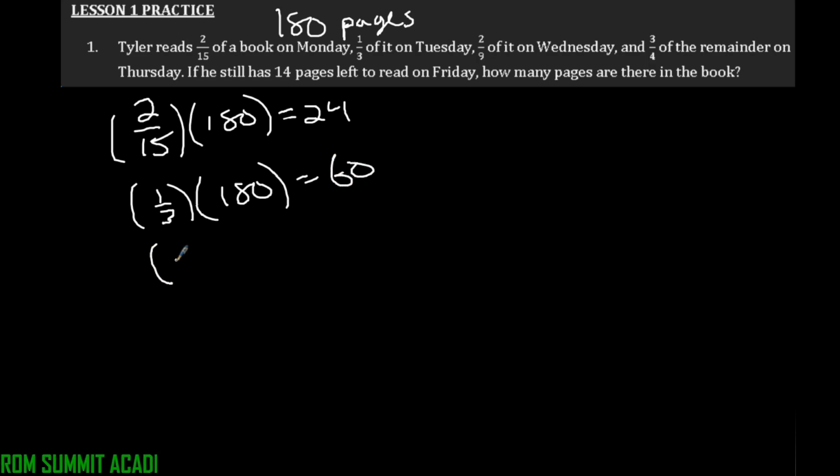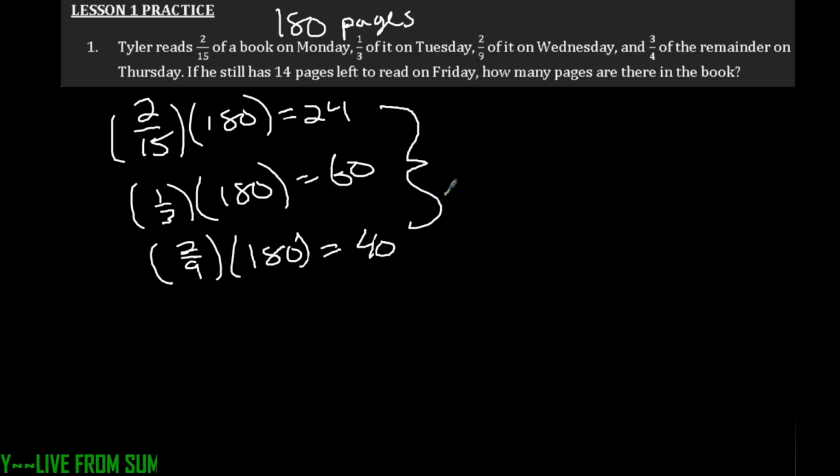Then we had 2/9 times 180, which is equal to 40. So now we said that these 3 add together to 124.